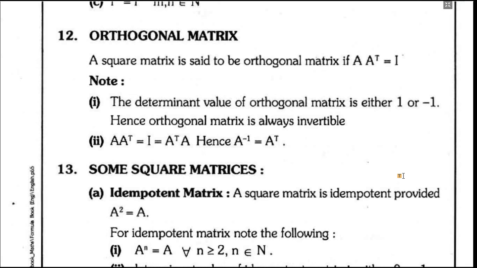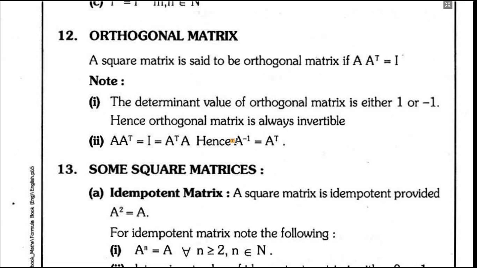Orthogonal matrix. A square matrix is said to be an orthogonal matrix if A into A transpose equals identity matrix. Note, the determinant value of an orthogonal matrix is either 1 or minus 1. Hence, an orthogonal matrix is always invertible.